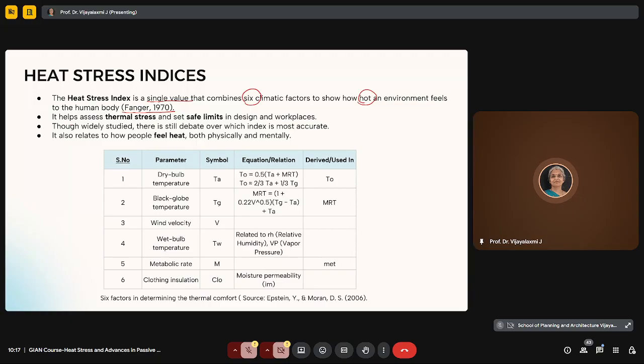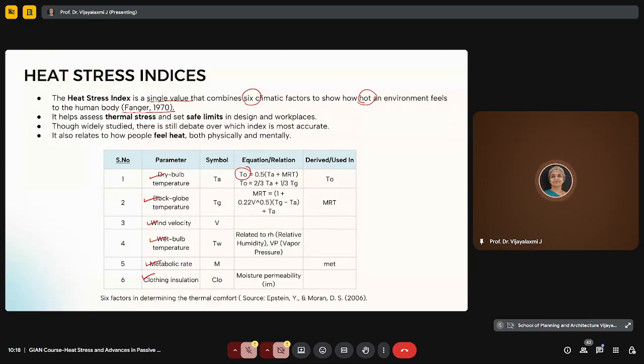Fanger has his own definition or calculation of heat stress, which is a combination of dry bulb temperature, black globe temperature, wind velocity, wet bulb temperature, metabolic rate, and clothing insulation. To compute each of these, there are certain formulas that Fanger has given, and based on that we can arrive at these values.